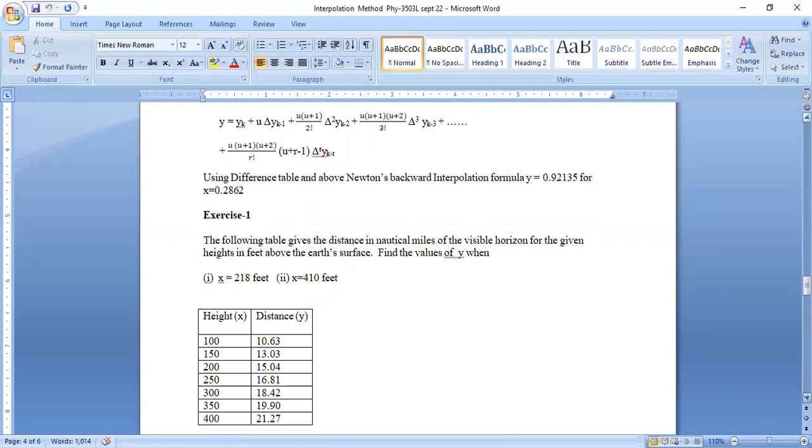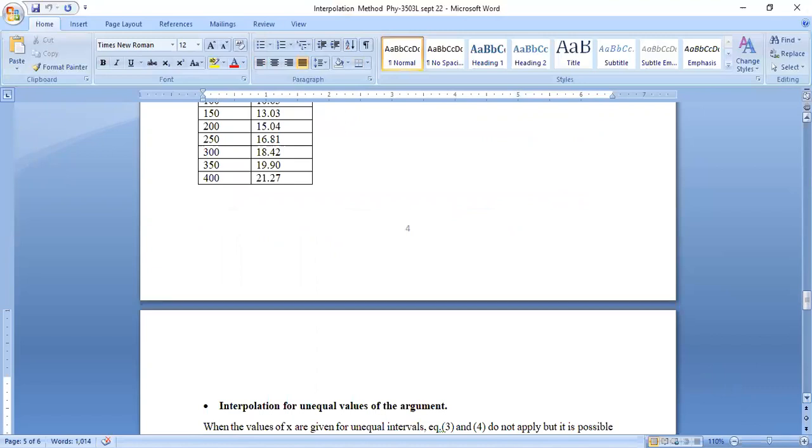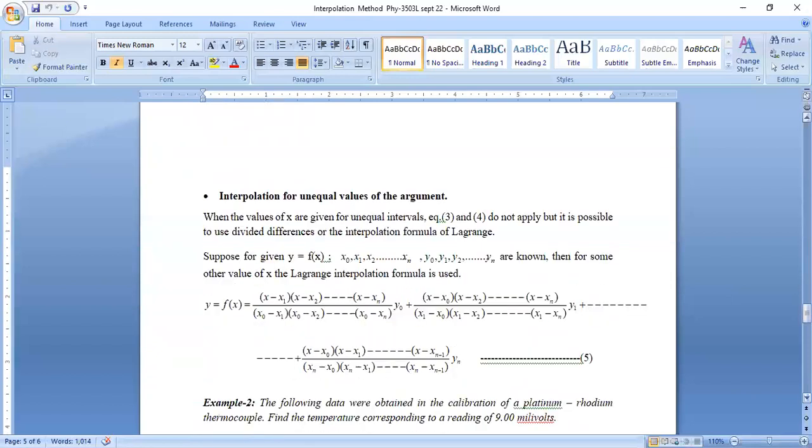Right, at the same time, we have another formula, the Lagrange formula, which we have to use when the values of x do not have equal spacing. When the interval is not the same, when the interval is different, then you have to use the interpolation formula for unequal interval.